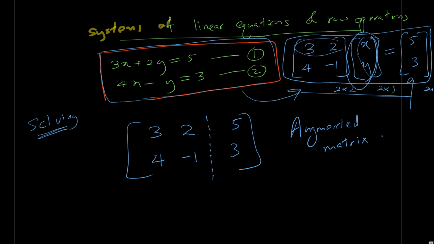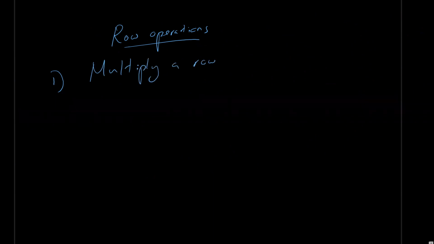So let me go to a new page. Row operations. There are 3 operations that you have to remember. First, multiply a row through by a non-zero constant.